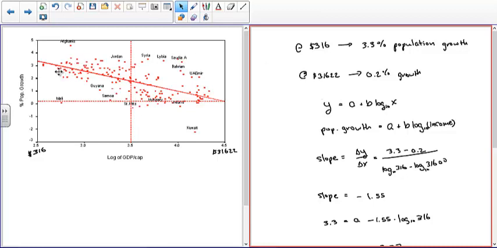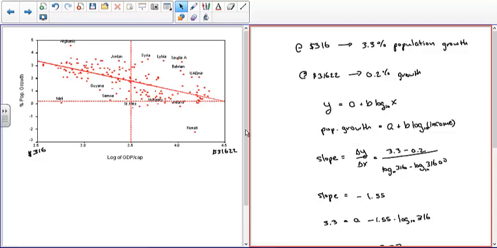What I did was pick a point here at 3.3% population growth, and the GDP is... so this is, what am I doing here? I think these are the ones where you're not taking the logarithm. So these are just two data points which are not applied to the logarithm. So I'm going to fit a straight line between these 2 points, 1 point here and 1 point up here.